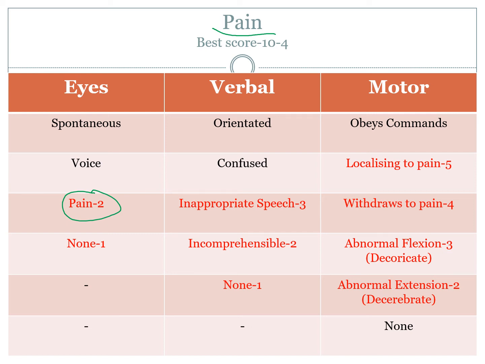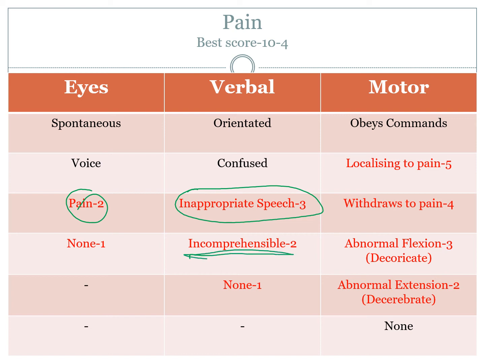Now, the absolute unicorn in this particular case would be someone who's responding to pain but has inappropriate speech. Because most of the time the best you get out of them is an incomprehensible mumble when they localize to pain and their eyes open to pain.